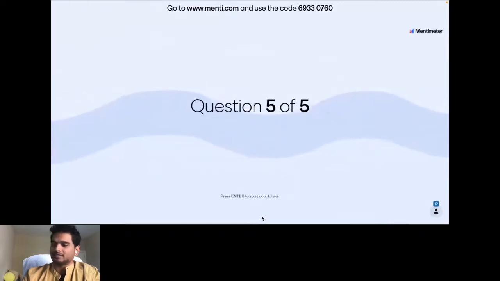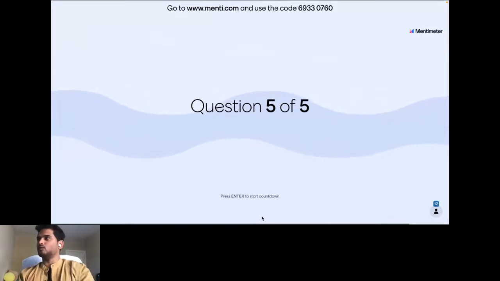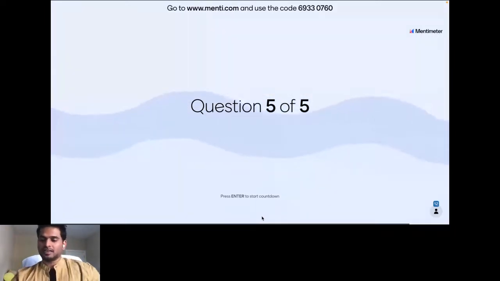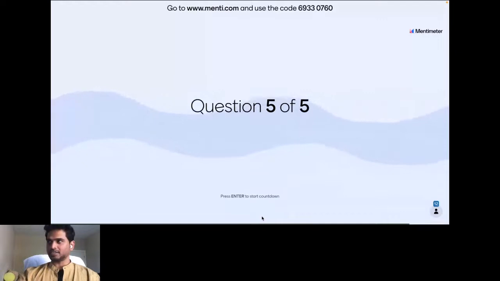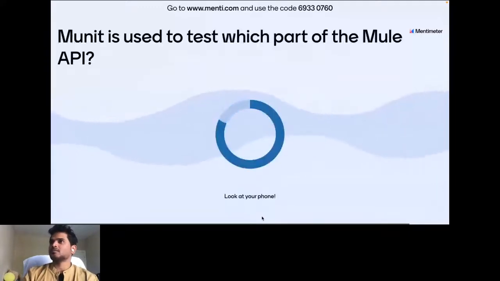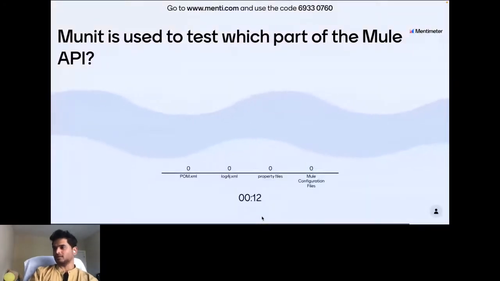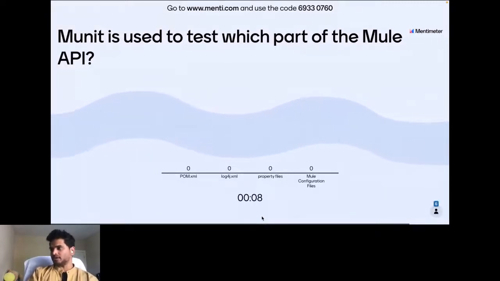The last question for today's meetup. This will determine which three will get the vouchers for the certification, training, and exam. Let's see. MUnit is used to test which part of the Mule API? pom.xml, log4j.xml, property files, Mule configuration files.